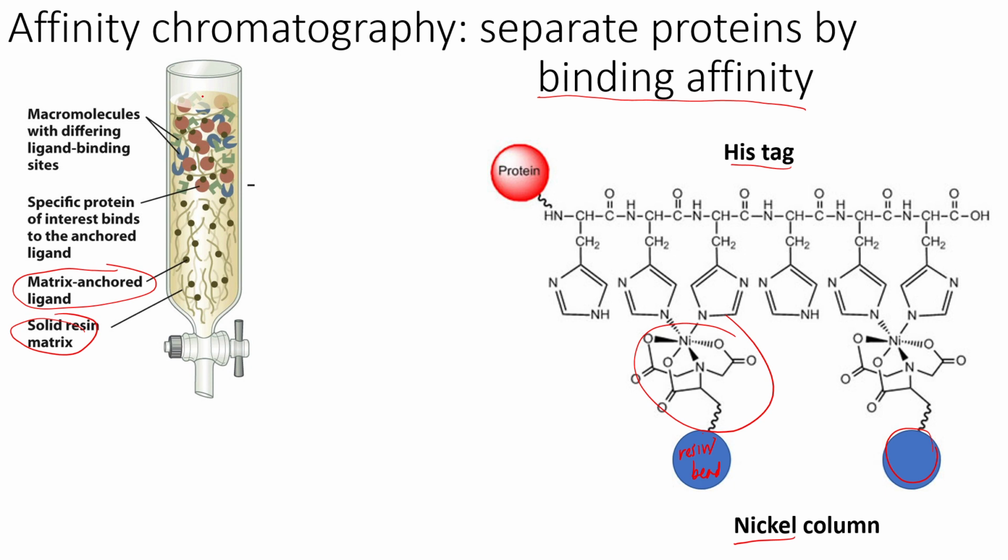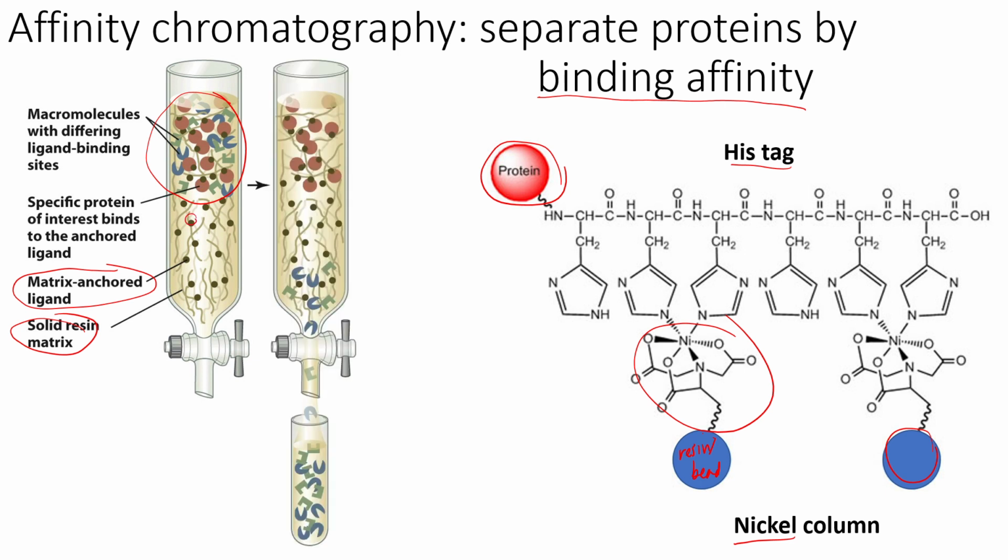And then we have our mixture of proteins, and different proteins are going to have maybe different ligand binding sites. Our protein of interest is the right shape to bind onto the matrix anchored ligand. So you can see as you pass this mixture of proteins through the column, your protein of interest that has that binding site, in our case the histidine tag, is going to stick to the column. All the other proteins are going to pass through because they're not interested in sticking onto the nickel.